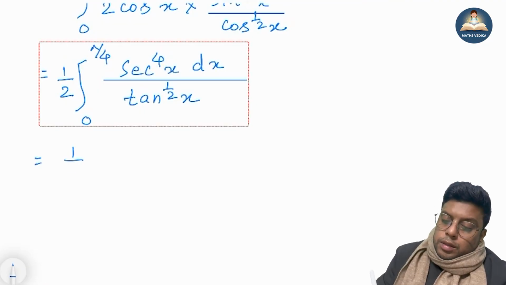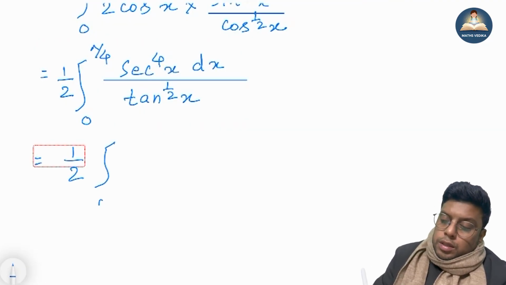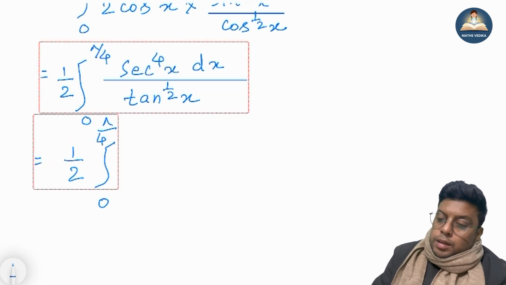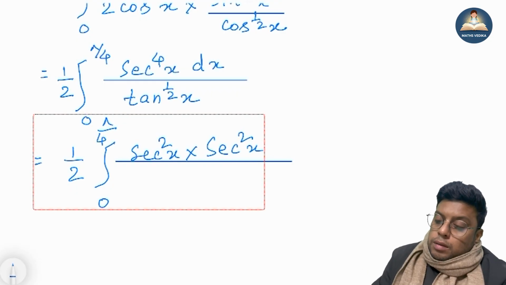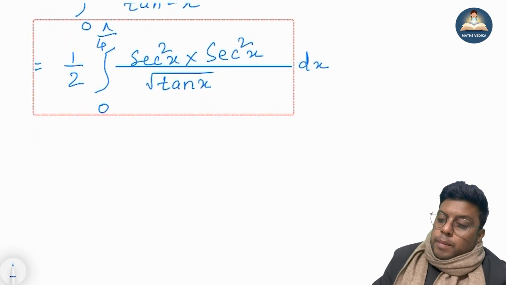Now 1 by 2 integration from 0 to pi by 4, sec to the power 4x can be written as sec square x into sec square x divided by root under tan x dx.